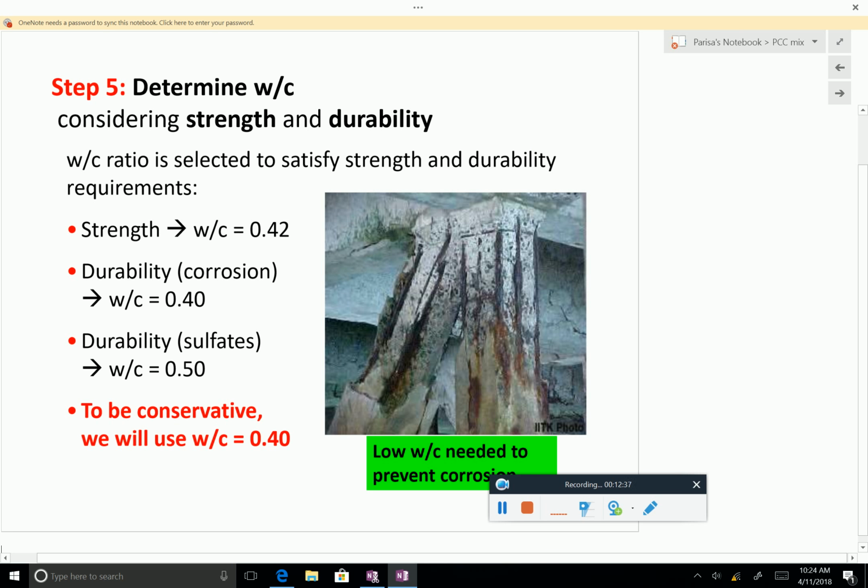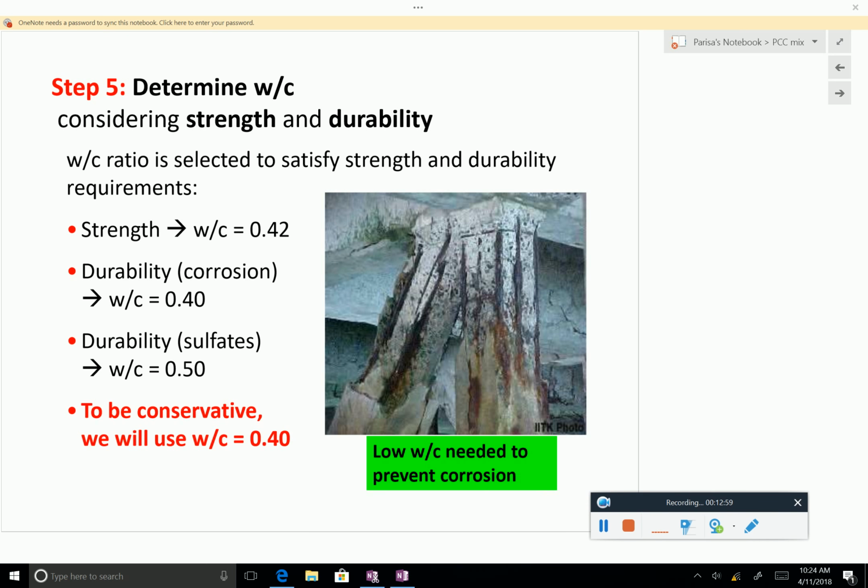So when we just consider strength, we get 0.42. I gave you a graph and a table. You don't need to use both. You can either use the graph or the table. So for durability, we had corrosion and sulfate and freeze-thaw, and you see that this is 0.4, this is 0.5 maximum.